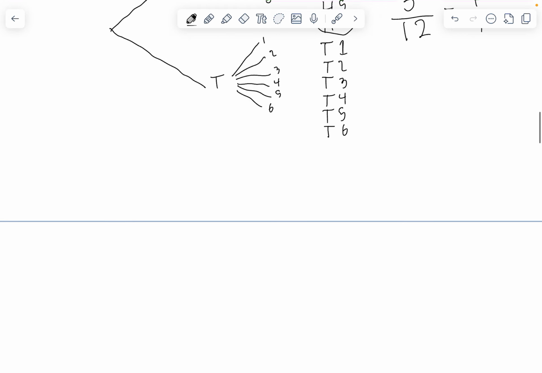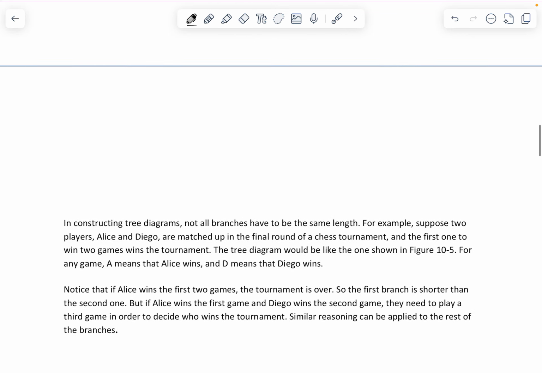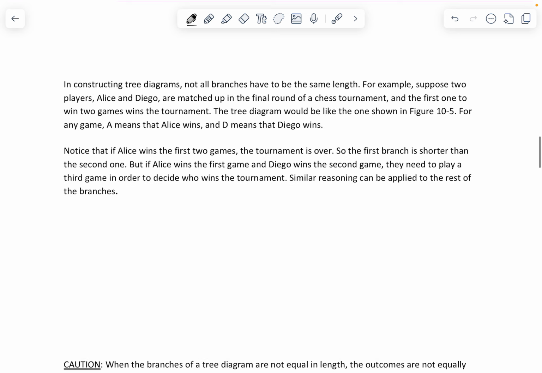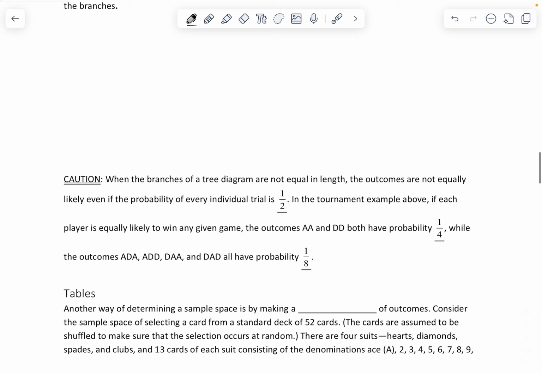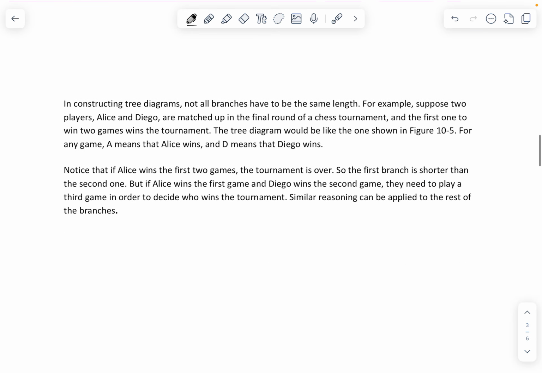Okay. Now, in constructing tree diagrams, not all branches have to be the same length. For example, suppose 2 players, Alice and Diego, are matched up in the final round of a chess tournament.